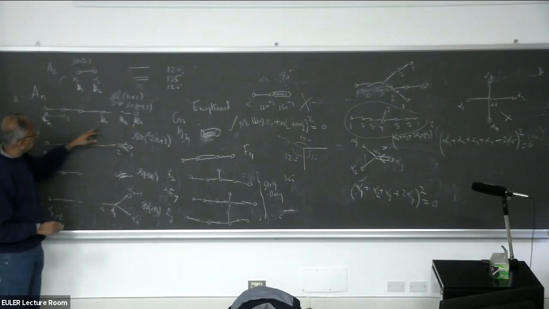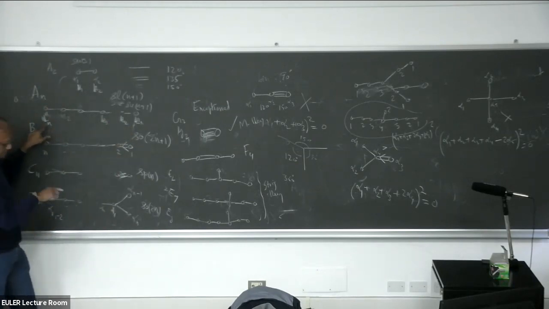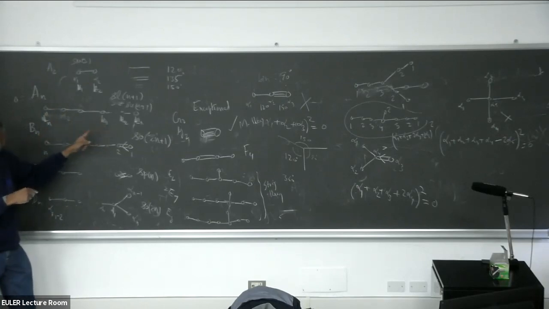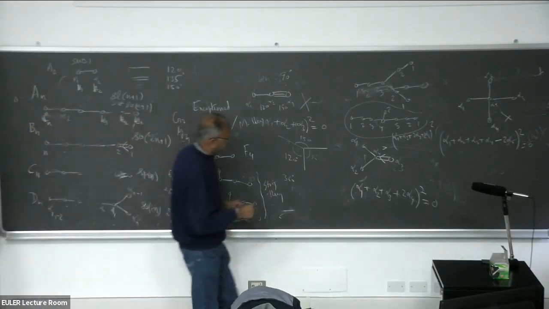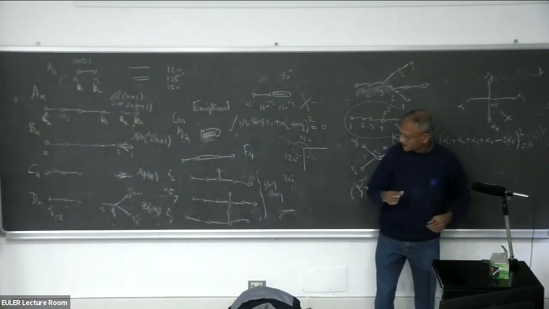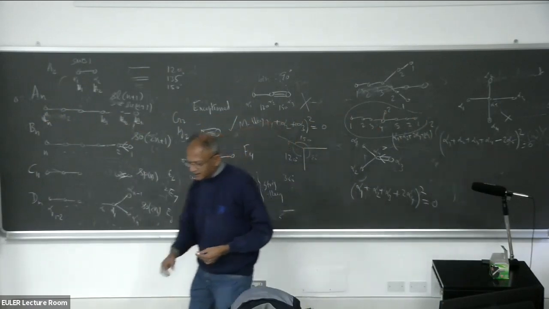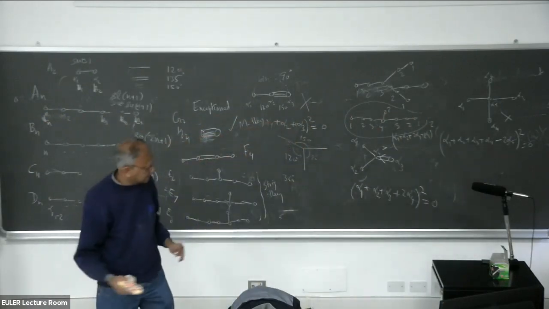In the Young diagram, this would correspond to taking a box with kn in the lowest box, kn plus kn minus 1 in the next one, and so on. That would be the Young tableau representation of this. We will not go through that because to construct it will be hard, but in any case, they are labeled by this.